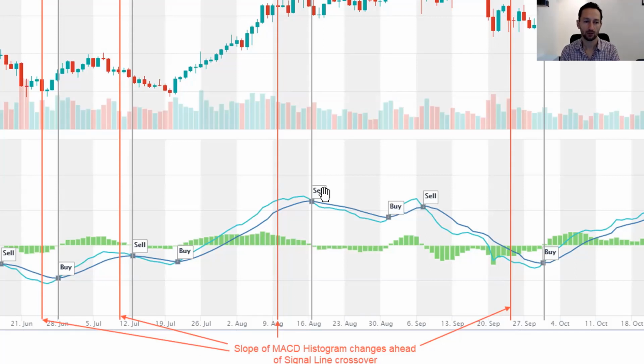But notice that the histogram bars highlighted in green oftentimes can give you an early signal that the momentum is inflecting and changing, because when you have bought it here, you notice that the histogram bars are rising nicely as the price is going up, the MACD line is rising, the signal line is rising but slower, and those two are diverging.